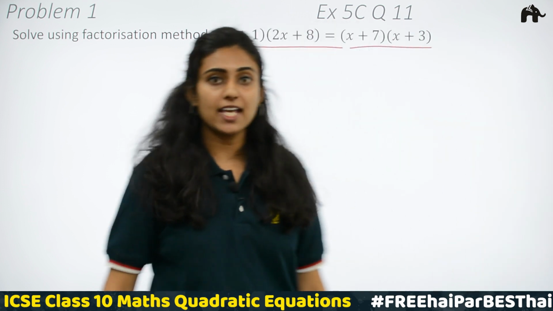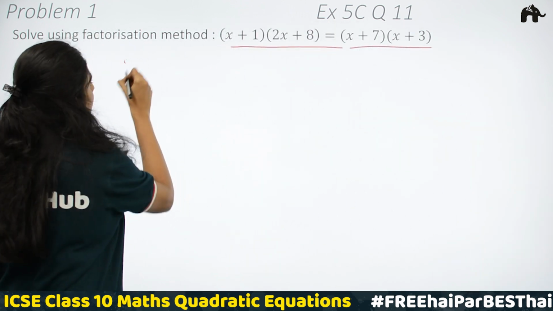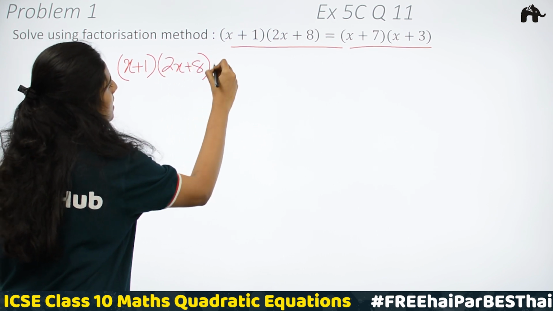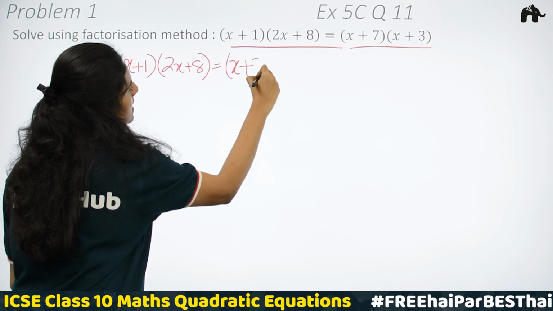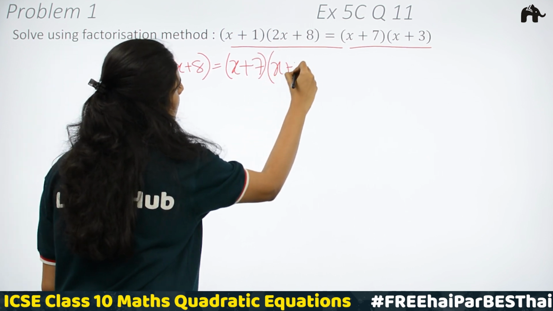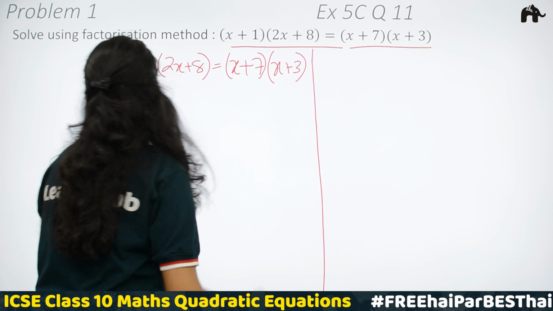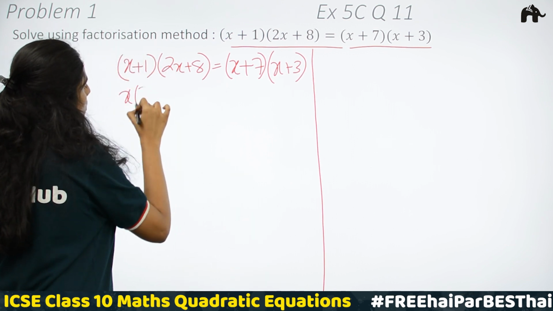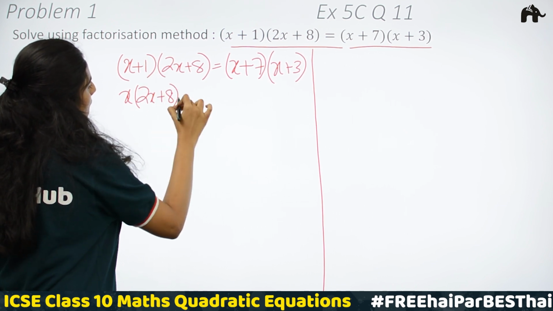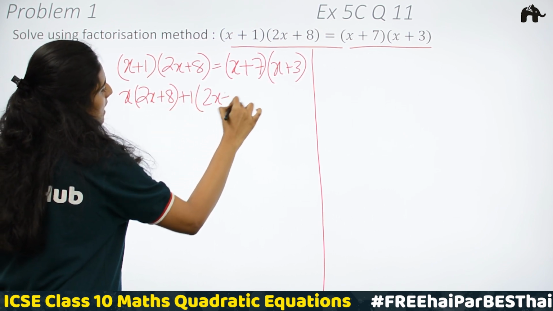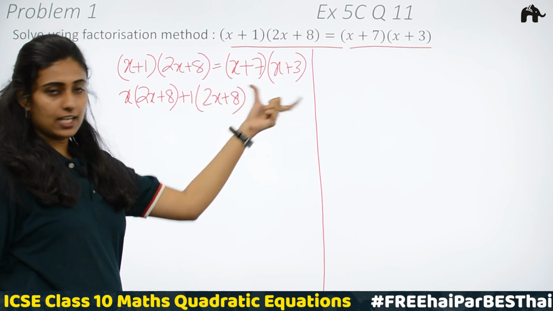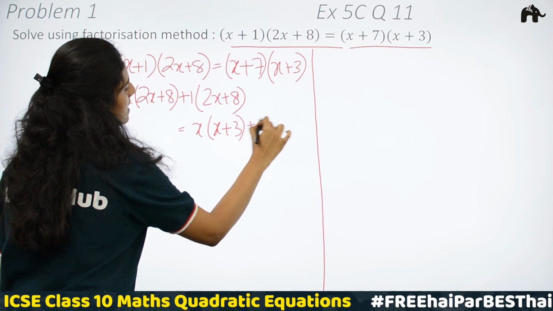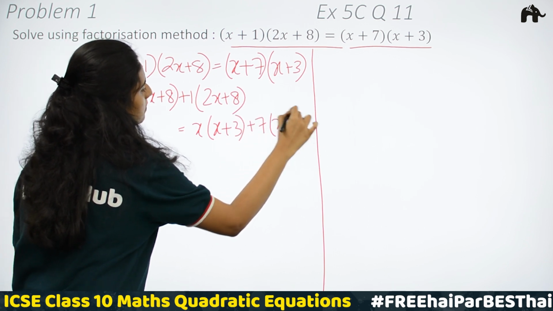First, we have to remove the brackets and multiply. x into 2x plus 8 plus 1 into 2x plus 8. Similarly, we will do on the RHS, we get x into x plus 3 plus 7 into x plus 3.